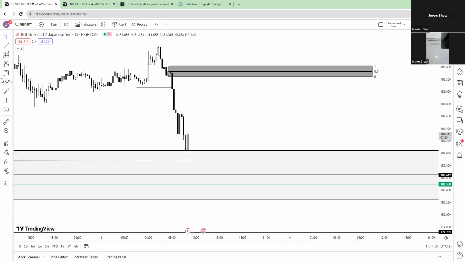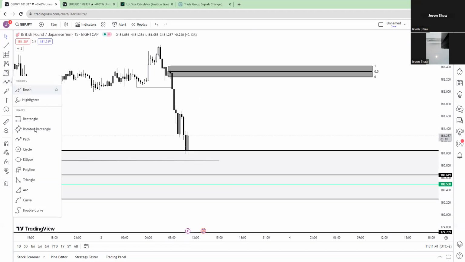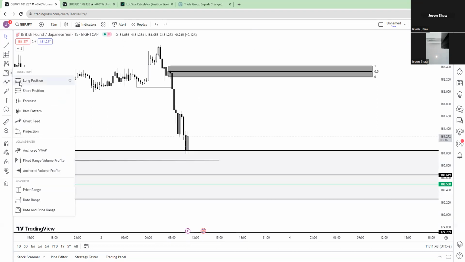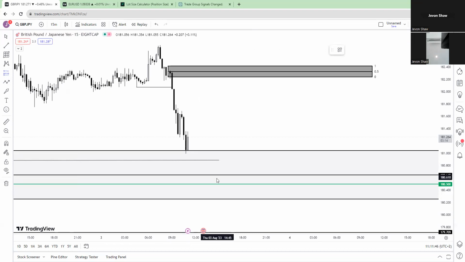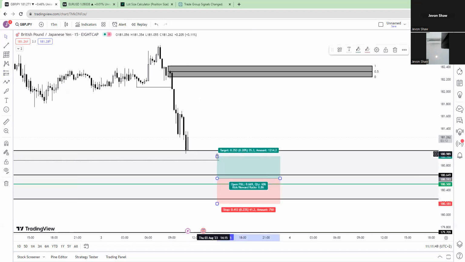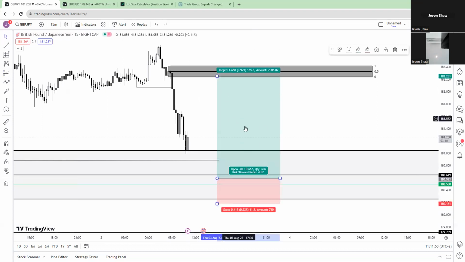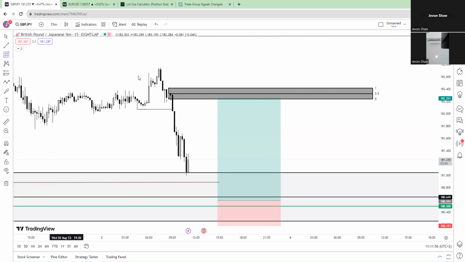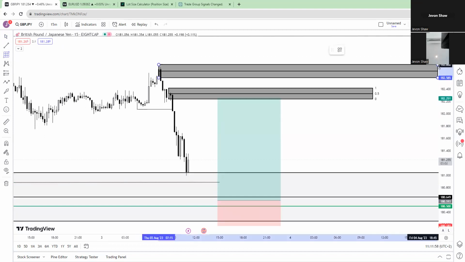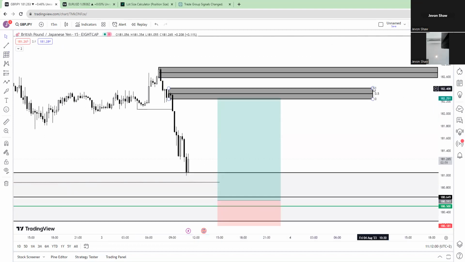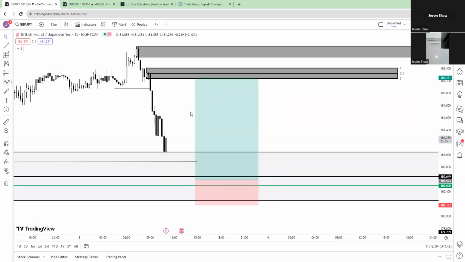But then that means with our bias for intraday decision, this is what we're looking to target. And then once it hits there, we need to sell. And obviously also here, we also have an institutional zone. But we would want to see price basically do something like this.